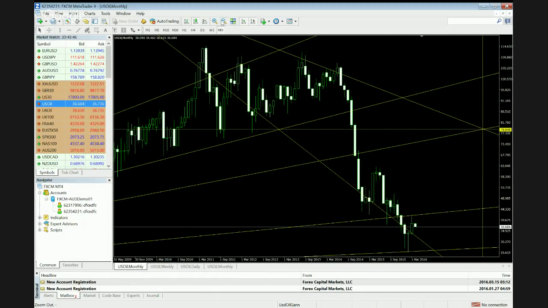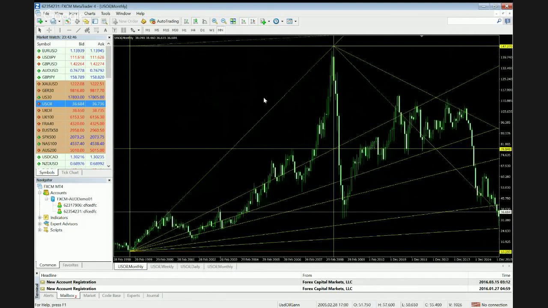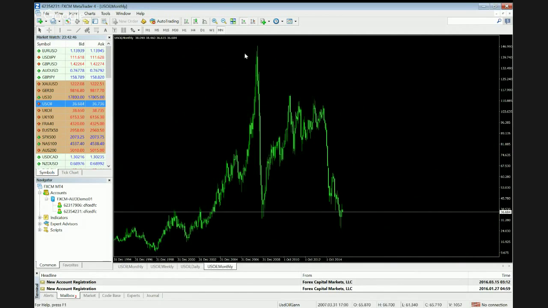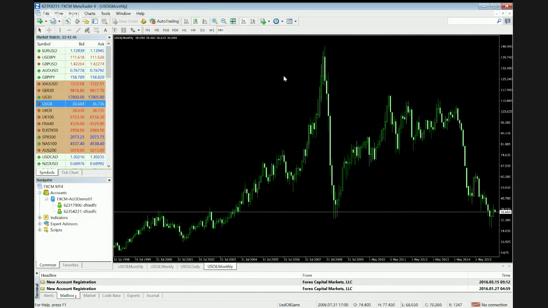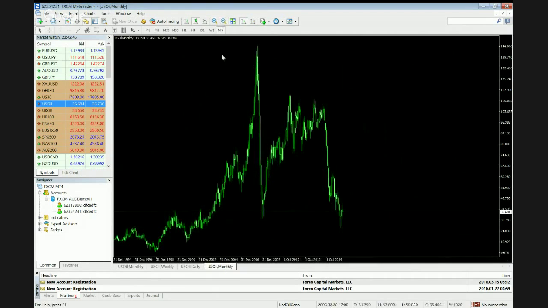So I just want to show you how I made this chart. The classic Gann system says, let's find the highest high, which is here, and the lowest low, in a trend.